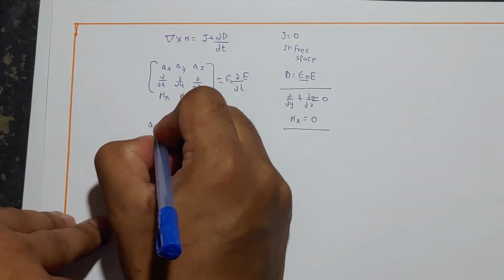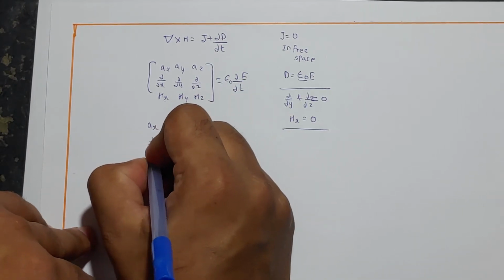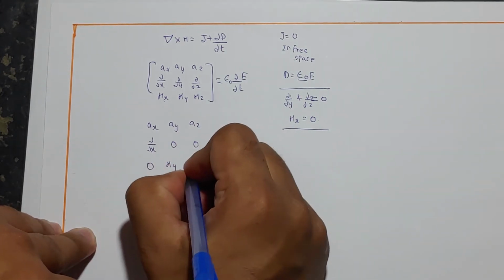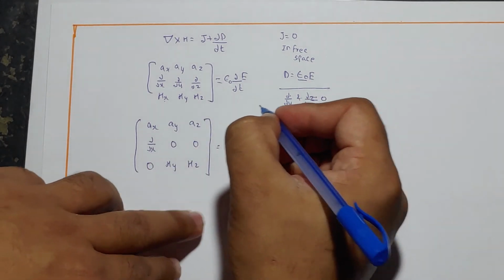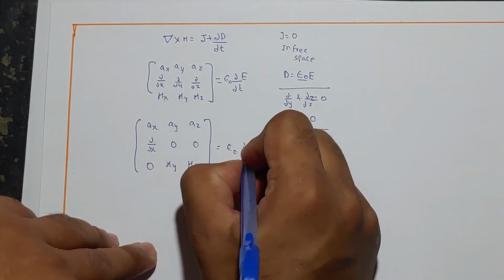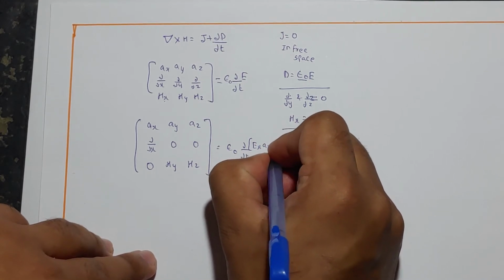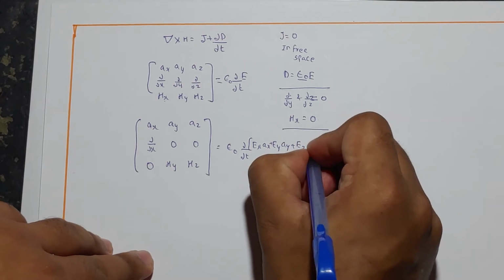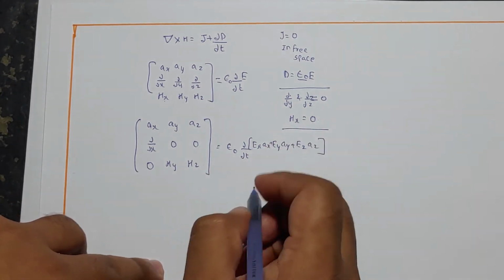That is Ax, Ay, Az; dou by dou x, 0, 0; 0, Hy and Hz. This could be equal to epsilon naught into dou by dou t of Ex Ax, Ey Ay plus Ez Az. The Ax term would be equal to 0, as this is the propagating direction.